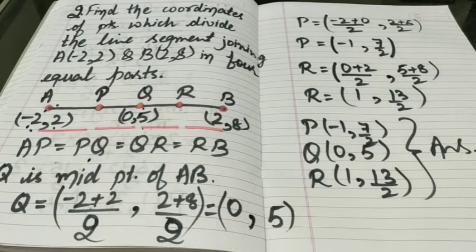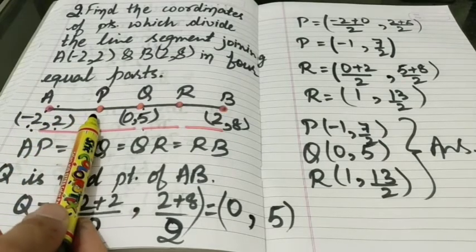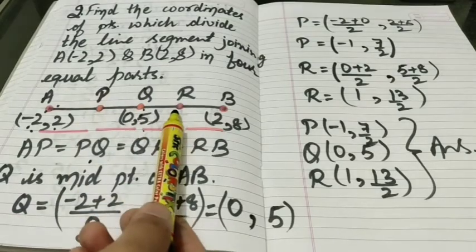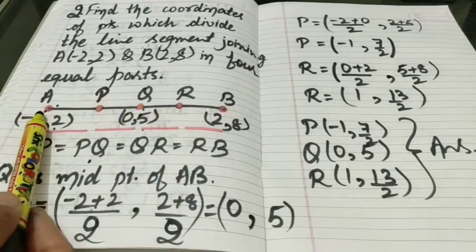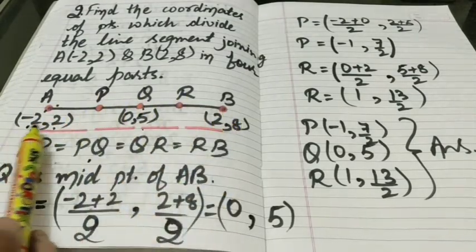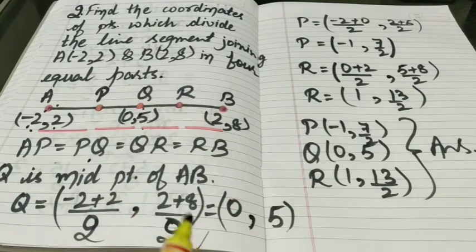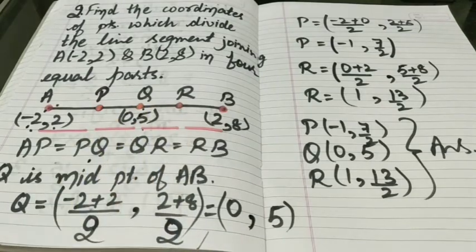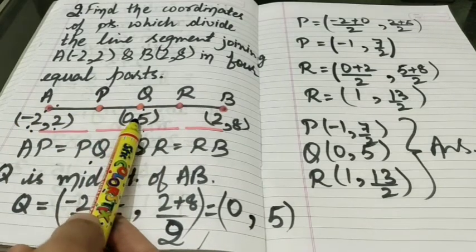So by applying the section formula at point P, we can find the coordinates of point P. In the same way, point R divides line segment AB in 3:1. So again, by using the section formula, the coordinates of point R can be found. In the same way, the coordinates of point Q can also be found.